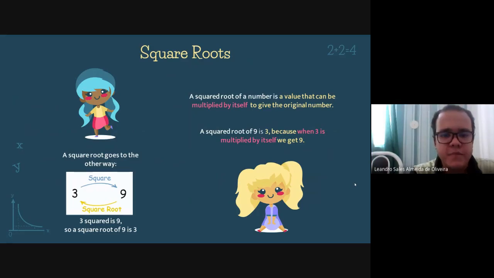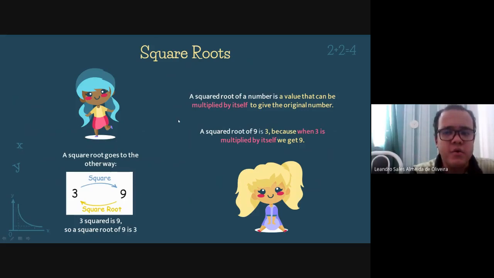Square roots. A square root goes the other way. When we square the number, 3 squared is 9. And when we take the square root of 9, we have 3. So the square root of 9 is 3.